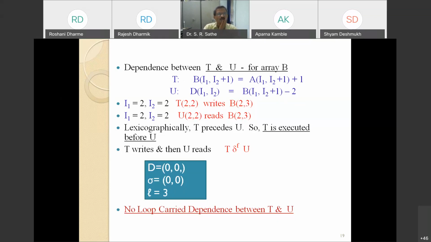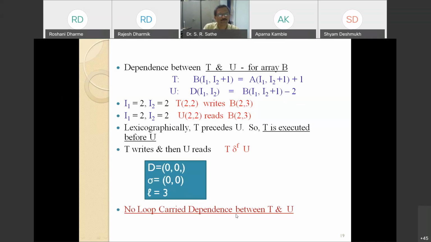So T is executed before U. So the dependence vector is 0, 0, direction vector is 0, 0, and then we say the level is 3, which is one more than the total number of loops. So there is no loop carried dependence between T and U.